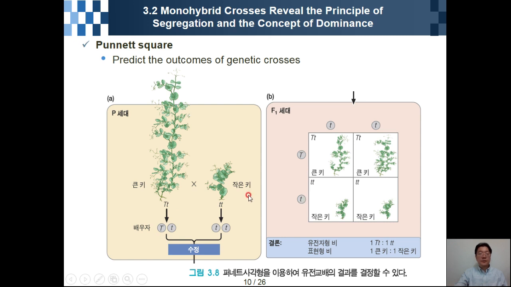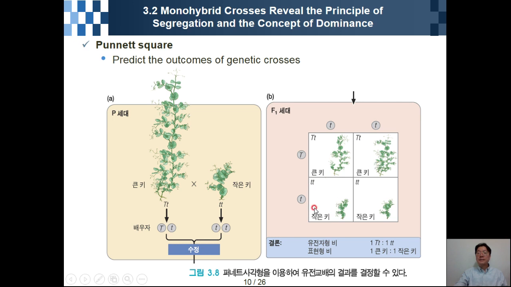How about the gamete from the smaller P? Their genotype is small t, so we can write down small t like this. So in these cases, large T and small t match each other, so the genotype will be large T, small t. In these cases, it's large T, small t, and large T, small t like this. So this is the tall phenotype, and this is tall.